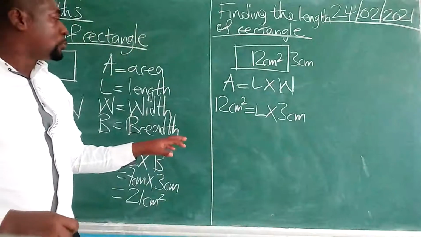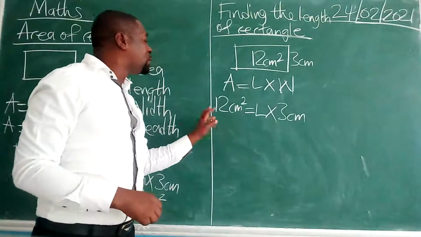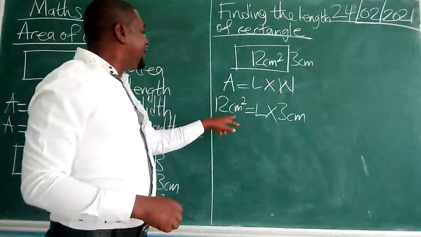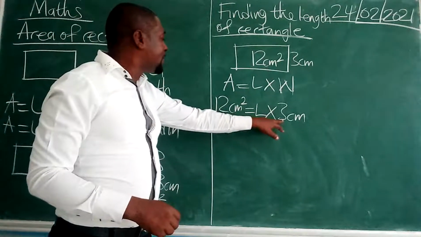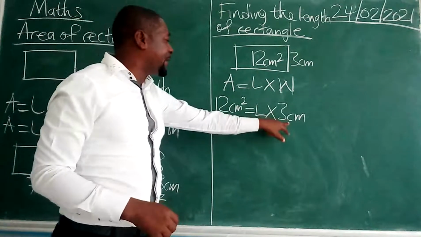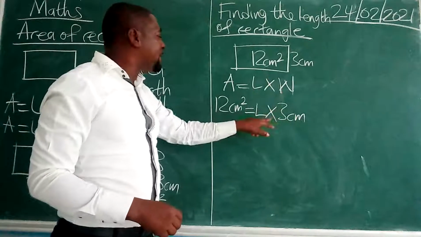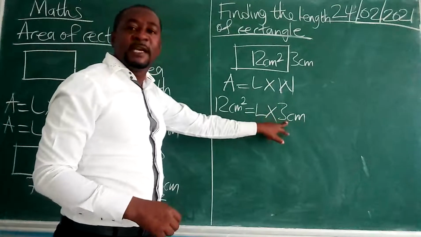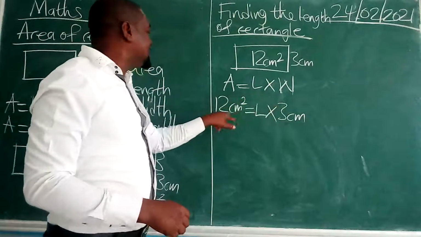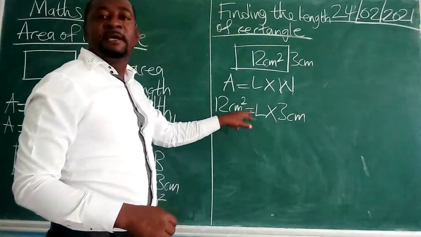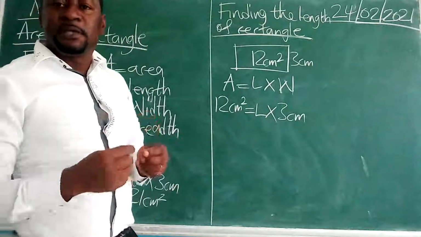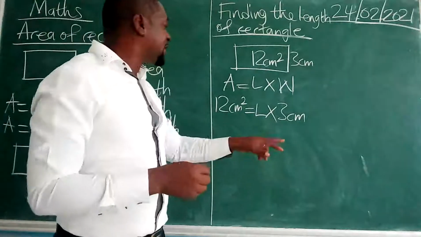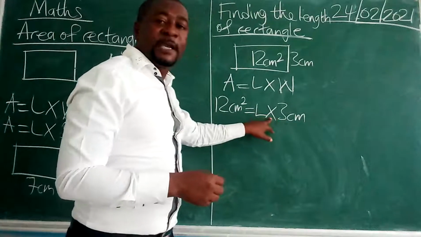So now what you do is, here it is L times 3 centimeters. Since it is multiplication here, when it crosses this equal sign, it becomes division.